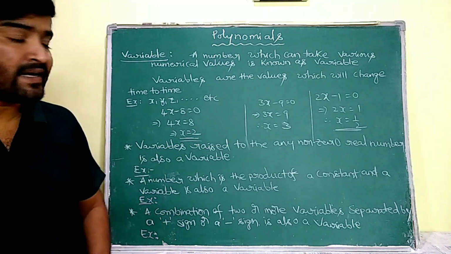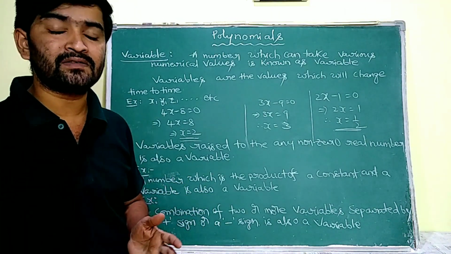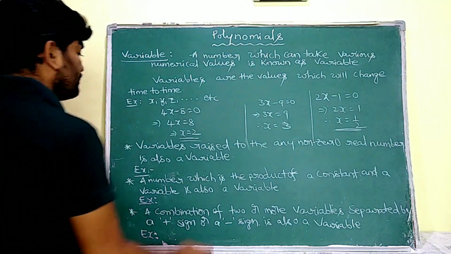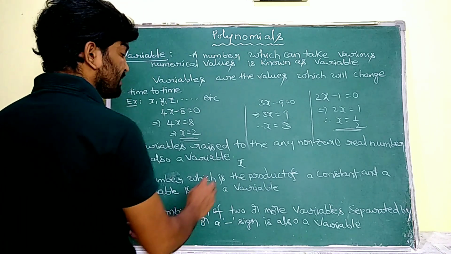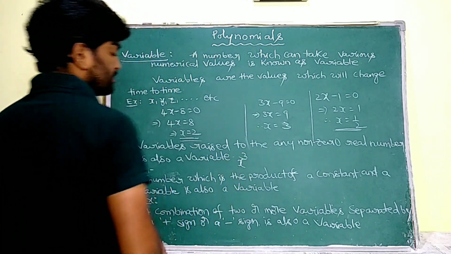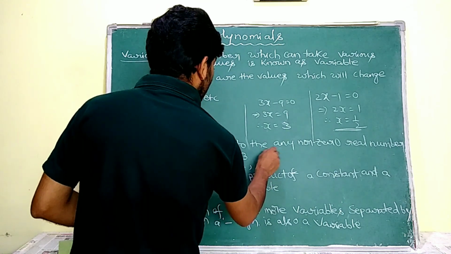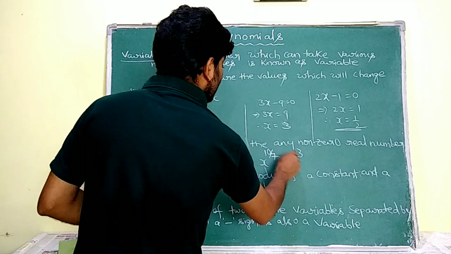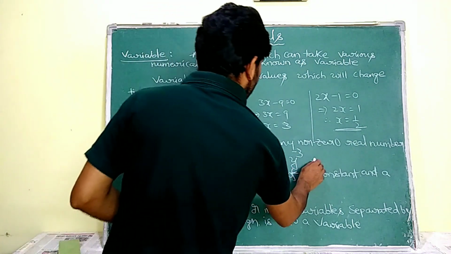Okay. And variables raised to some non-zero real powers are also variables. For example, x is a variable. If I raise it to x cube, then it is also a variable. X to the power of 10 by 7 is also a variable. Y to the power of minus 3 is also a variable, and so on.